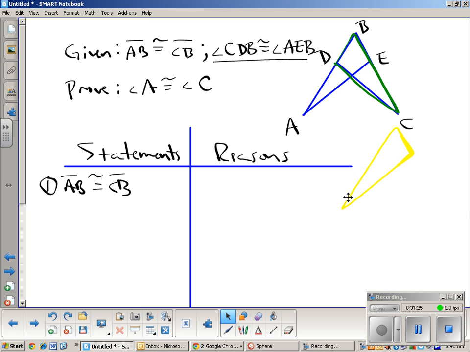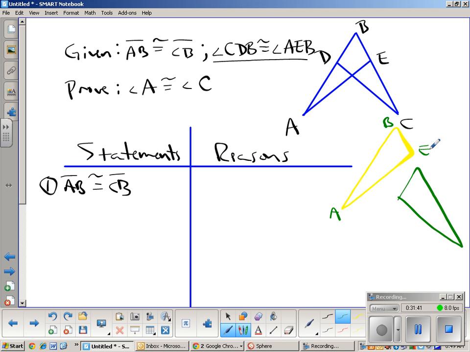Actually saw a couple somebodies. That's a good thing to do. Okay? And so then, go ahead and label them. This was A, B, E, and this was B, D, and C.